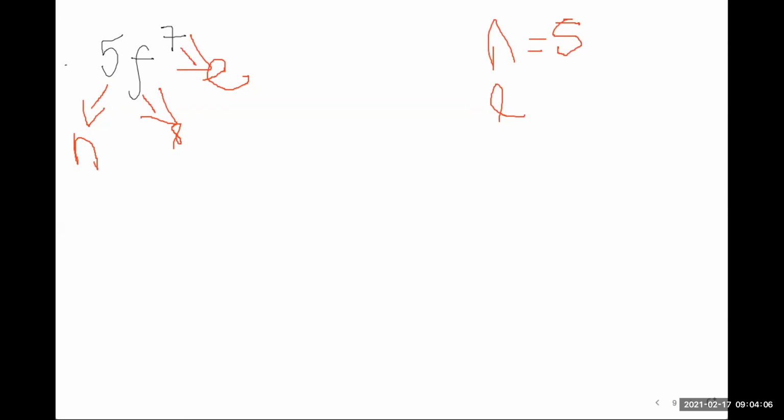So Matt, can you help her out? Help me out, man. Okay, so you've got your N, which is 5, and then the next thing that I would do is look at your L value, which is your F. This is when you need to look at your value block, and F holds 3 orbitals, so L would equal 3.